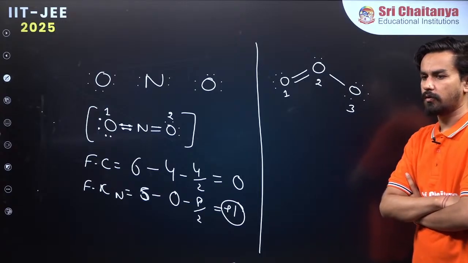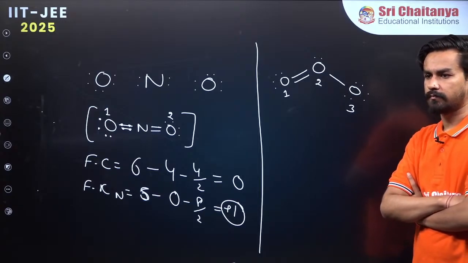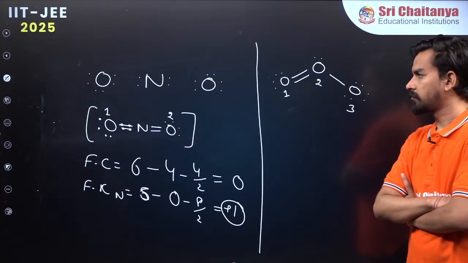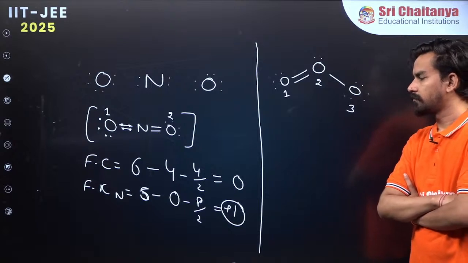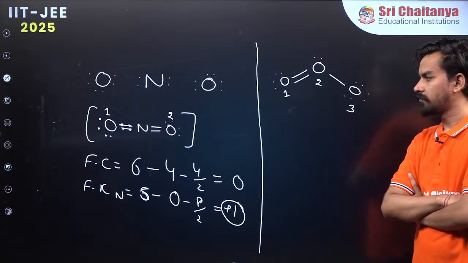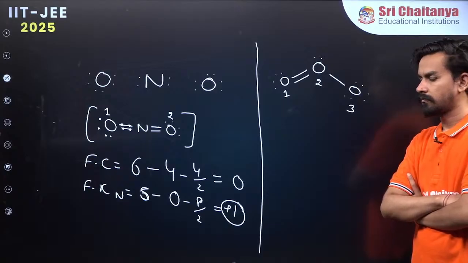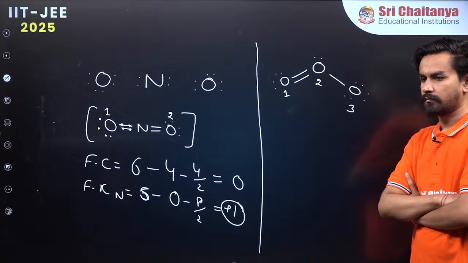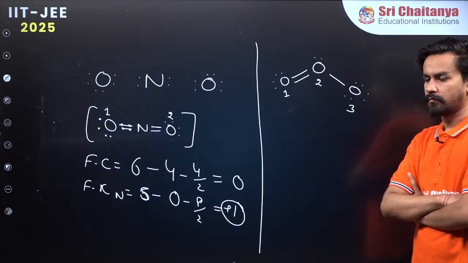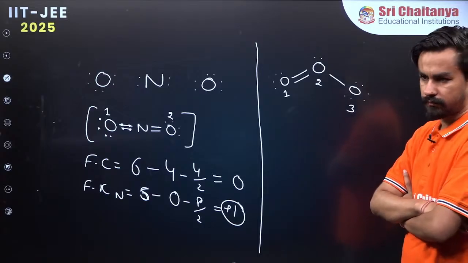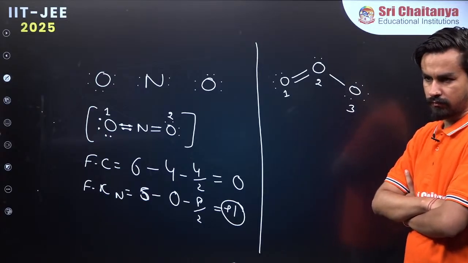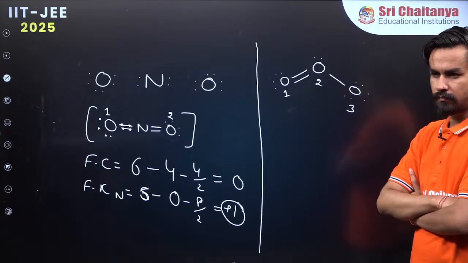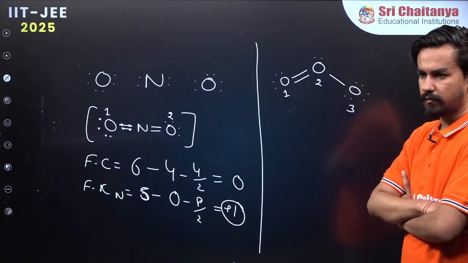Okay, 0, 0, 1, think. Zero, 1, minus 1, very good.